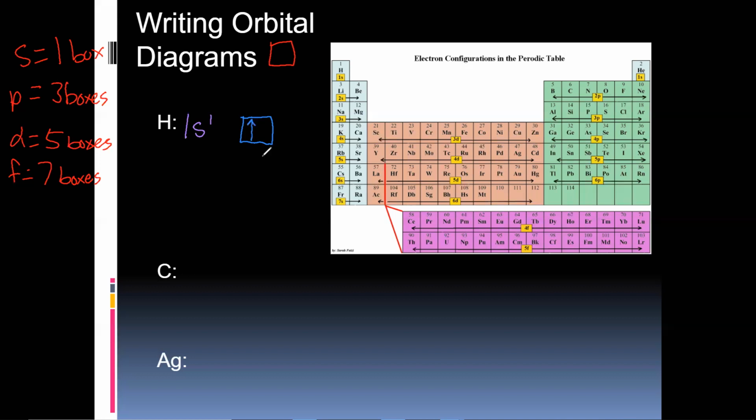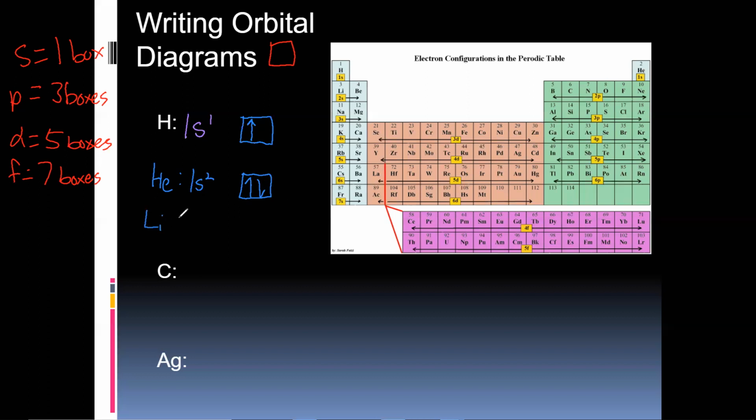Okay? That's it. If I wanted to do helium, on the other hand, its configuration is 1s2. But again, I would need 1 box, okay? But this time, there's 2 electrons with opposite spins, okay?